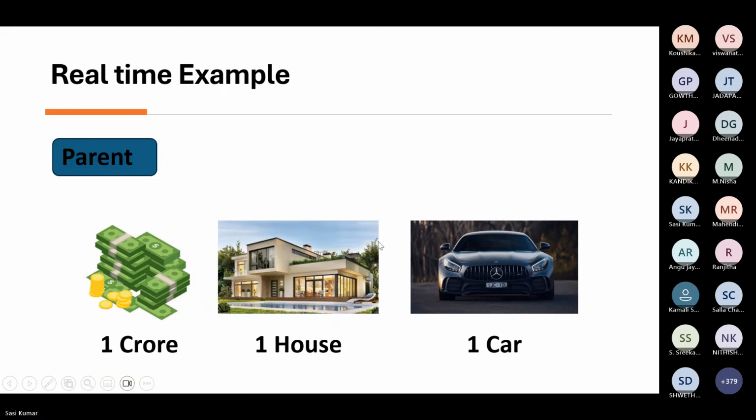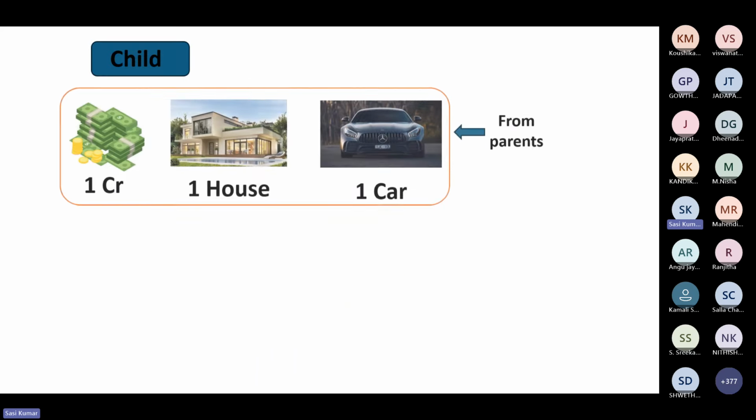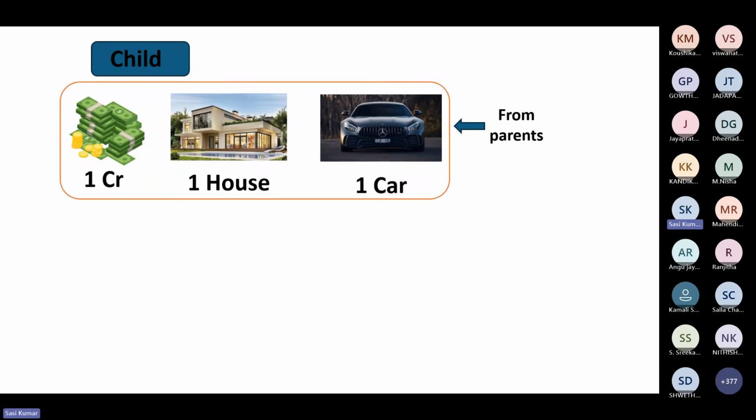Dream car, dream house, dream money. So the parent has all these properties, assets. Now what will the child get? Of course, the child will get all the properties from the parents: 1 crore money, one house and one car. So the parent is gifting things to their child.